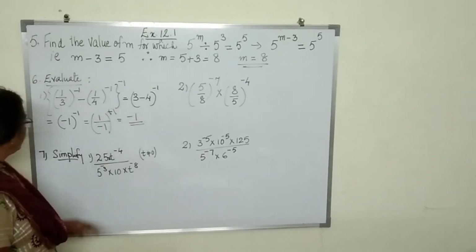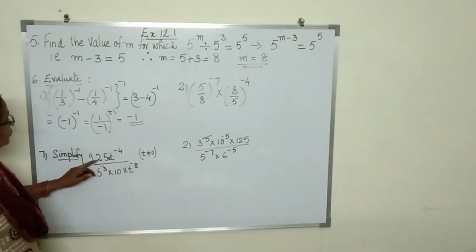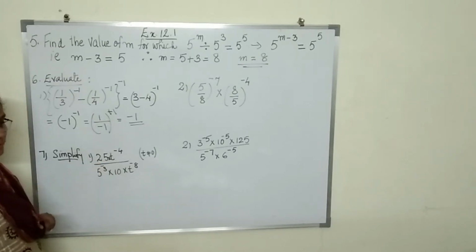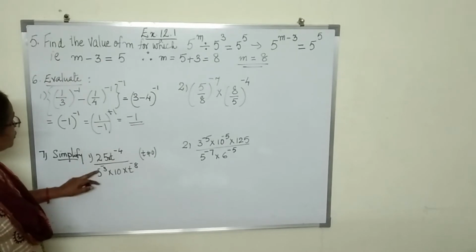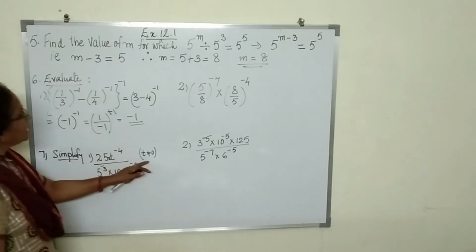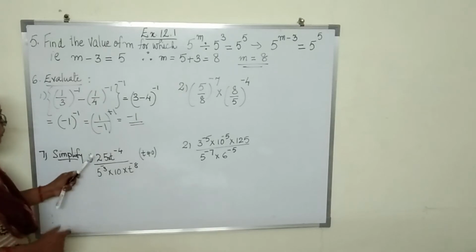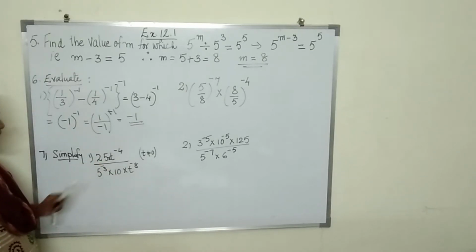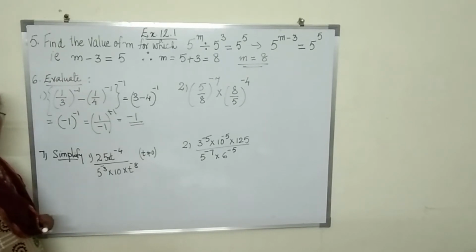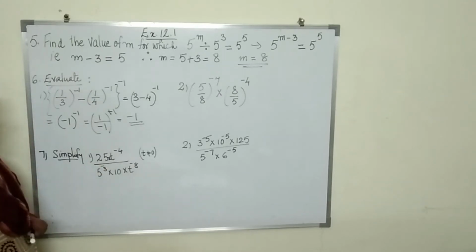Okay. Now the next question is simplify 25 multiplied by t raised to minus 4 upon 5 raised to minus 3 into 10 into t raised to minus 8. And the condition is given that t is not equal to 0. See children, when you get such sums where some parts are not in exponential form, we have to convert all of them into exponential form.